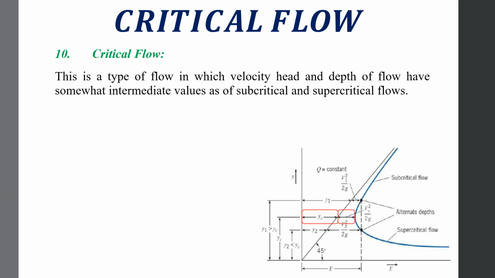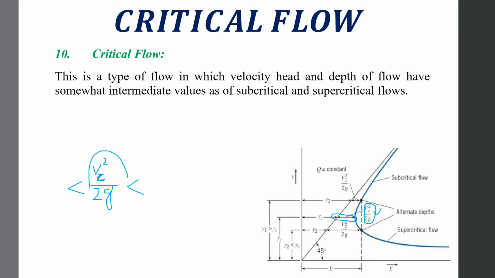You can see here, this is v2 square over 2g, and its value is this one. We will write v2 square over 2g. Now put here less. This is vc square over 2g.